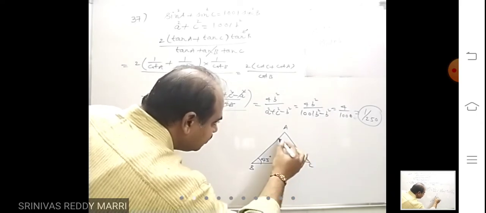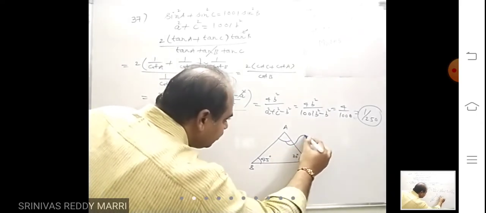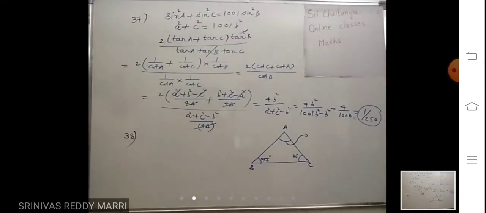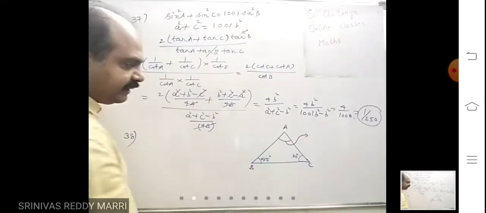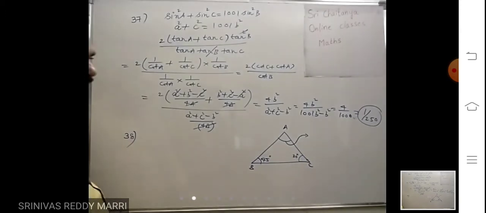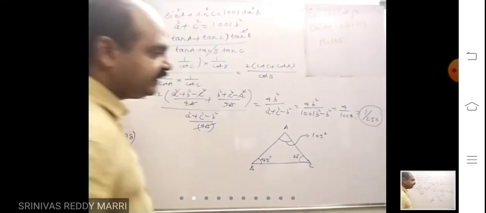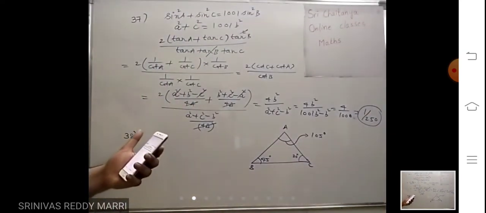So angle A you can calculate: 180 minus of 45 plus 30, 180 minus 75, this is nothing but 105 degree.